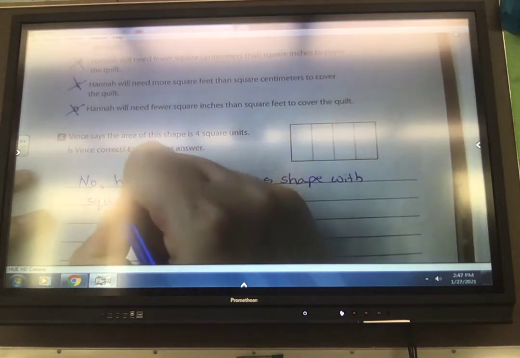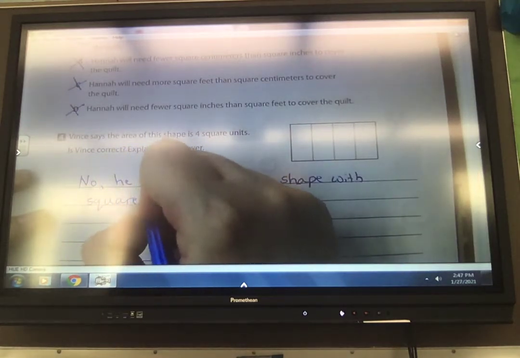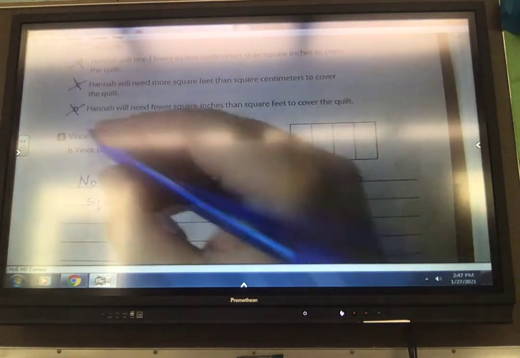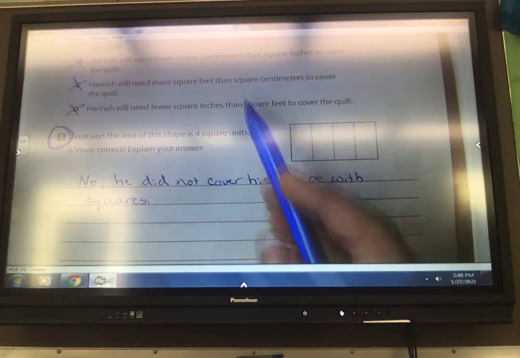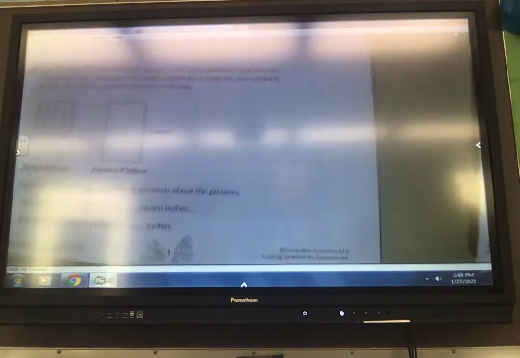Remember, when you are doing area, you have to use squares. So I am going to circle number 4 because I do know there's going to be at least one, maybe more than one question where they do not cover their shape with squares. All right, let's go to our next page.